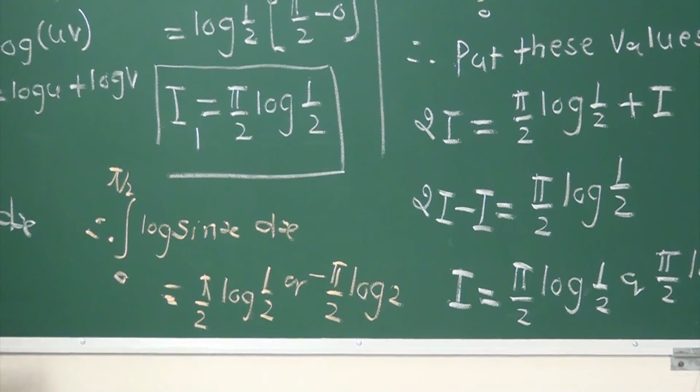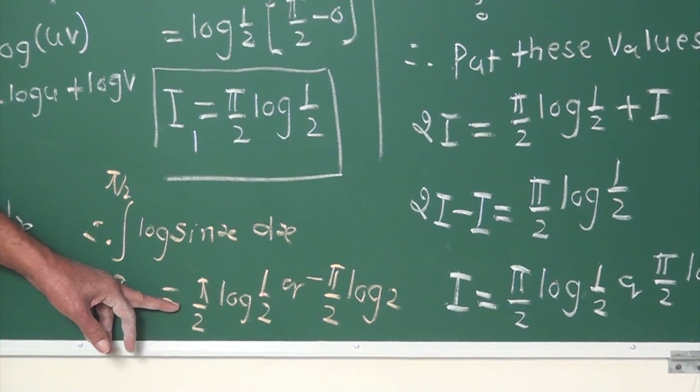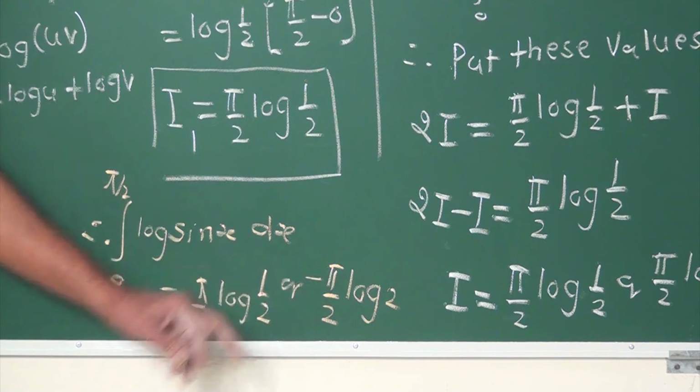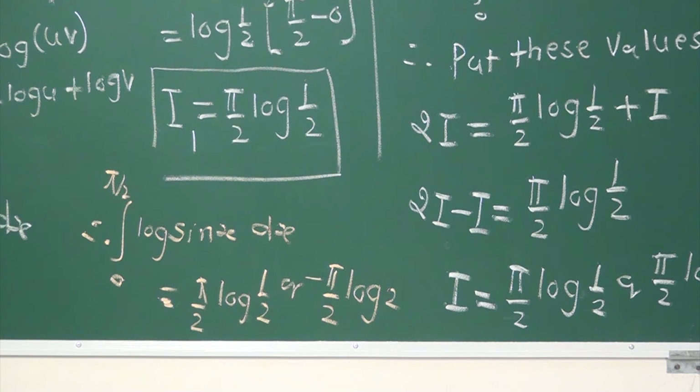If you take 1 by 2, it is with a plus sign. If you take 2, it is with a minus sign. They may give either this or this.